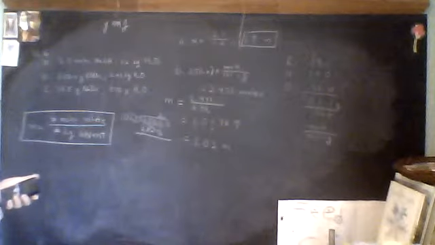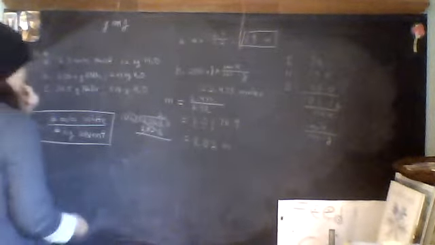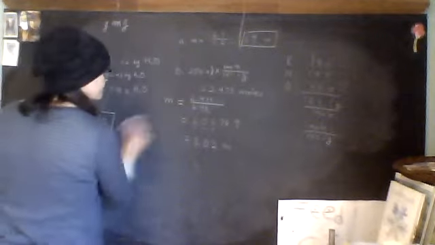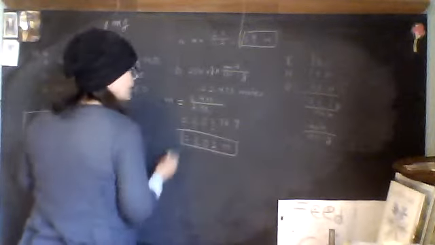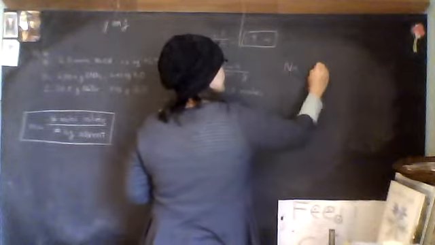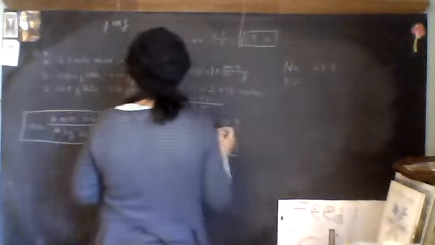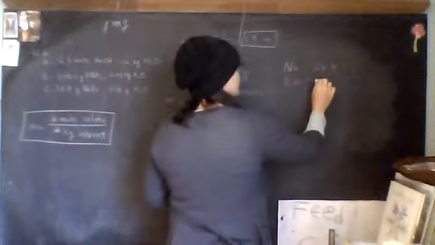Letter C is going to be very similar. I'm going to find the number of moles based on how many grams I have. So NaBr. Na is 23.0. Bromine is 79.9.